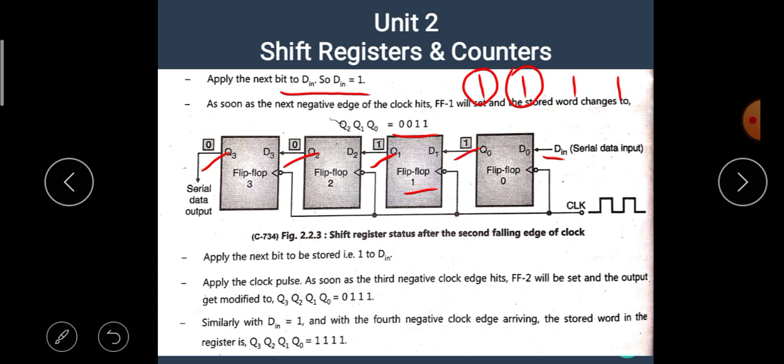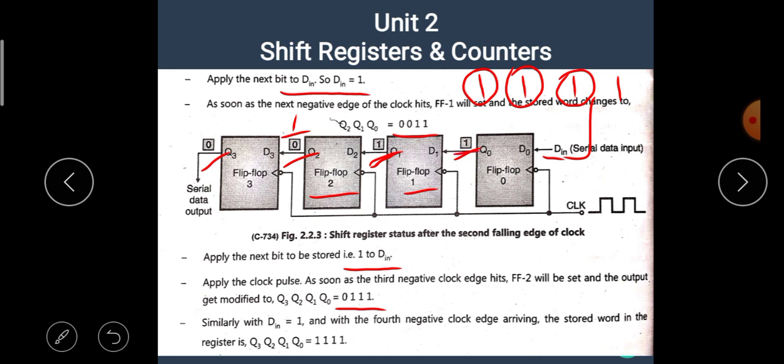Apply the next bit, that is 1, to D in. In this case, after application of the third clock pulse, or the third negative edge of the clock, flip flop 2 sets, hence it becomes 1 and the data becomes 0 1 1 1.